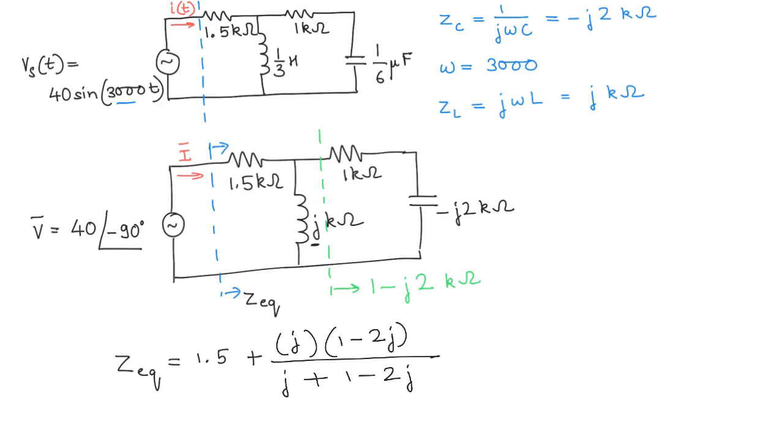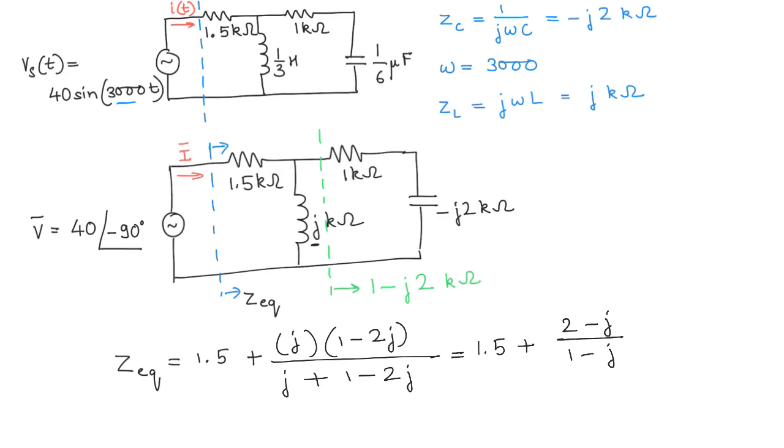You can evaluate this, and it becomes 1.5 plus, multiplying j on the top, (2 minus j) over (1 minus j).